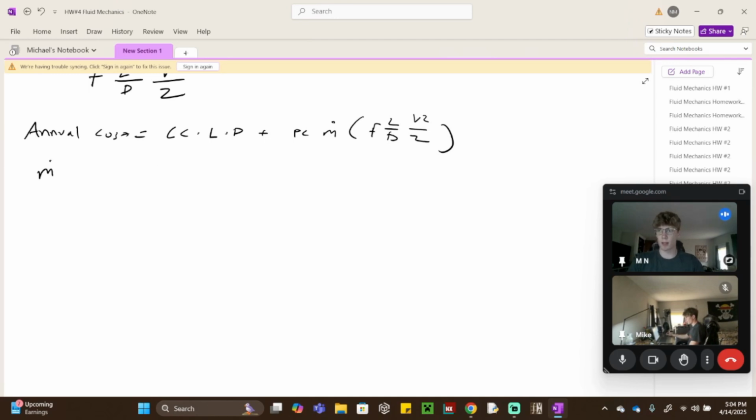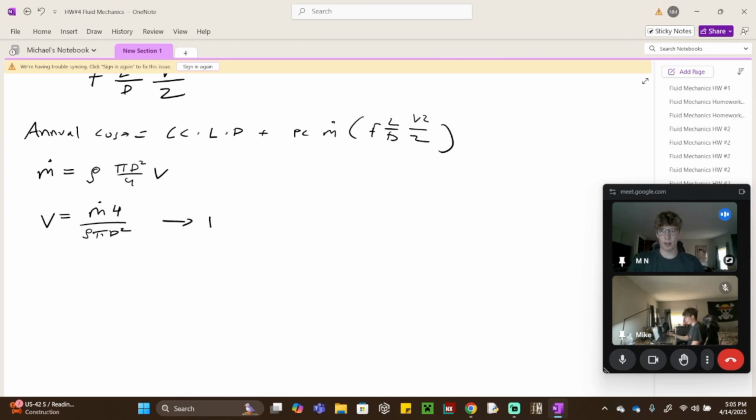m dot is going to be equal to the density of the fluid times the area, which in this case is going to be pi d squared over 4 times our velocity. And rearranging this equation to solve for velocity, our velocity will be equal to m dot times 4 over rho pi d squared.